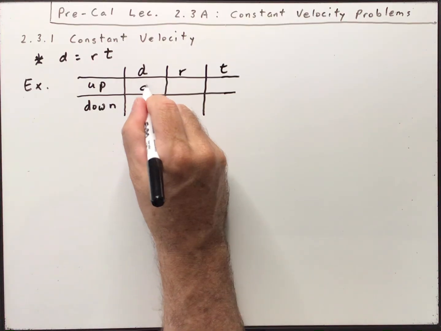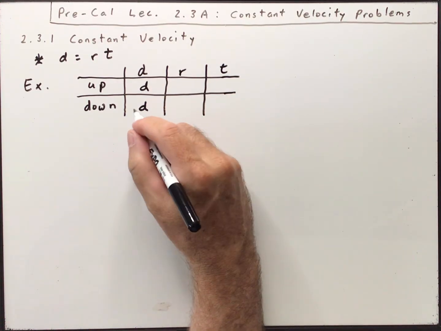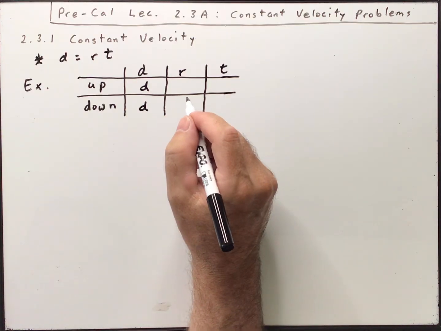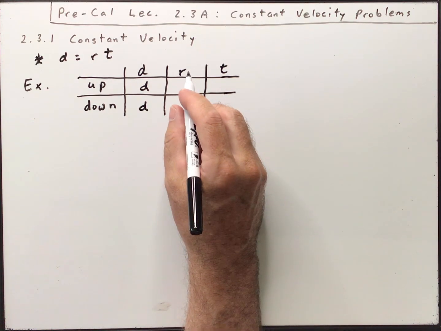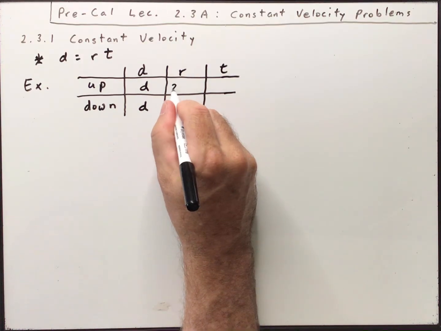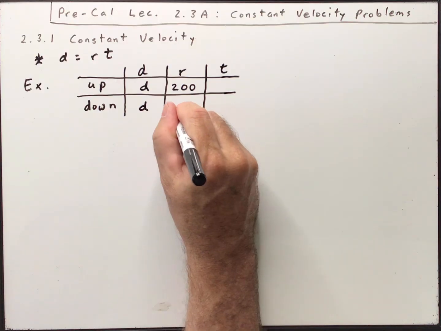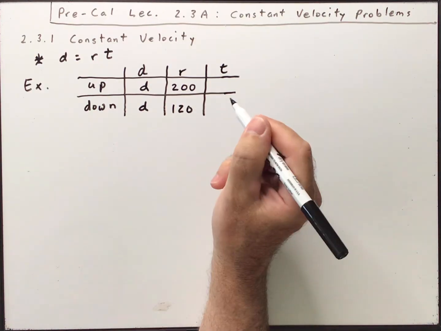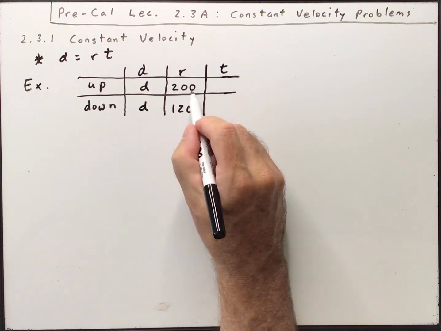Okay, so we've just got D and D there. There's no difference. The problem doesn't say there's a difference. Now the rates are easy to fill in. We know that he runs uphill kind of fast, 200 meters a minute, and then jogs back downhill at 120 meters a minute. Now we always want to make one of them pretty easy.